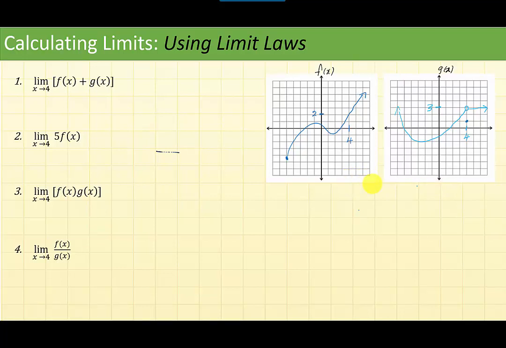Now, for the functions f of x and g of x, we have the graphs of f of x and g of x. We want to find limits based on these two graphs. The first one: the limit as x approaches 4 of f of x plus g of x. By limit laws, this is equal to the limit as x approaches 4 of f of x plus the limit as x approaches 4 of g of x.